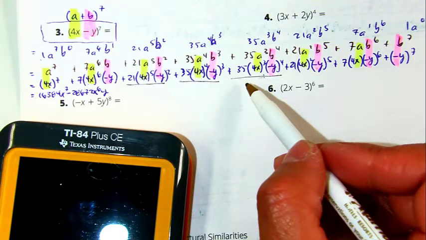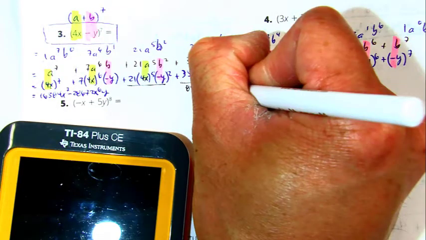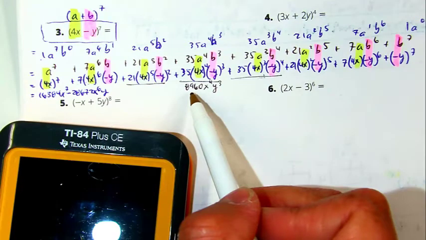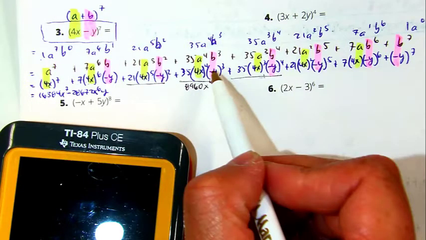So I got 8,960 x to the 4th and negative 3y to the 3rd. Question, is this positive or negative? Positive. If you have 3 negatives, negative times negative is positive, positive times a negative is a negative, negative times a positive is a negative. And remember, when you put it all in your calculator, it'll actually tell you that it's negative.